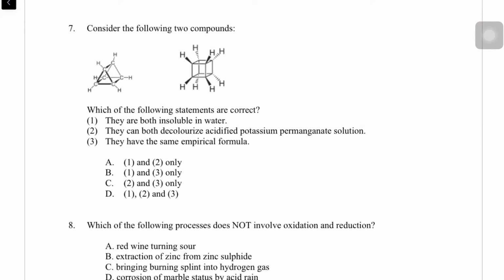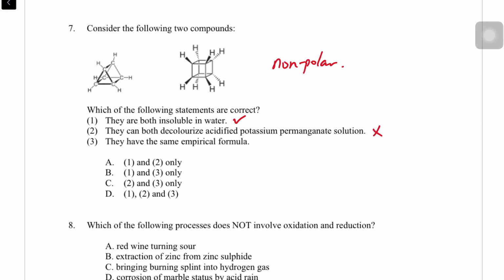Question 7. Which of the following statements is correct? First, both of these molecules are non-polar. Easy to understand, right? So they are insoluble in water. Good. Second, they can decolorize acidified potassium permanganate. Seems not.